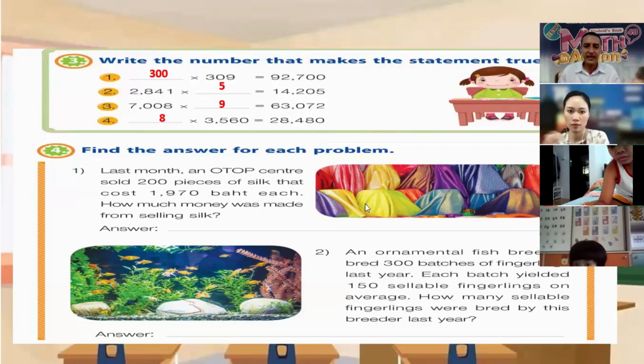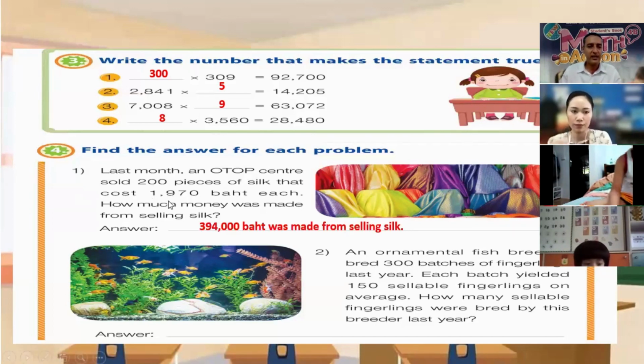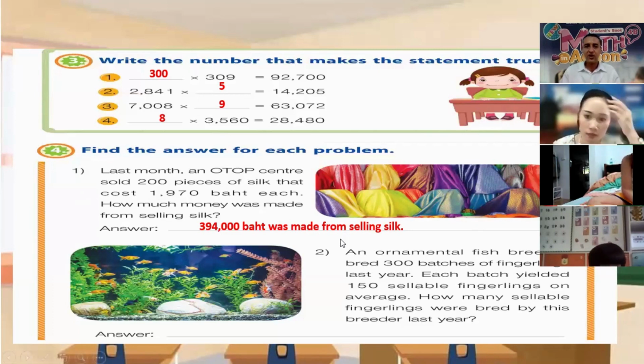Very good, multiplication. So 200 we are going to multiply by 1,970, because one silk costs 1,970 and the center sold 200 pieces. And what do we have to find? We have to find the total sale.